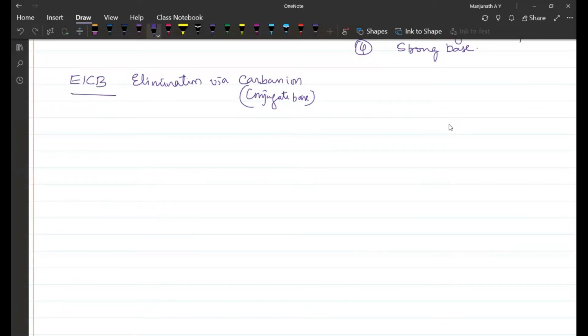This type of elimination is not separately asked under a heading, but they will give this reactant. Generally, the example we take is a halogen like fluorine. This fluorine is a very poor leaving group because of 2p-2p overlap; the size of fluorine and carbon matches actually.